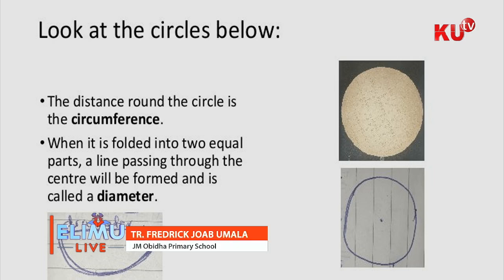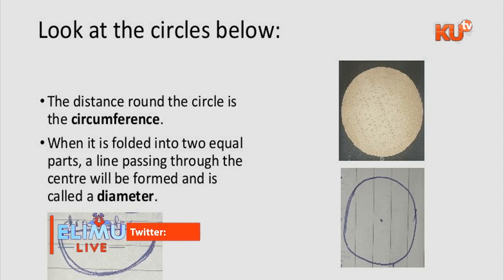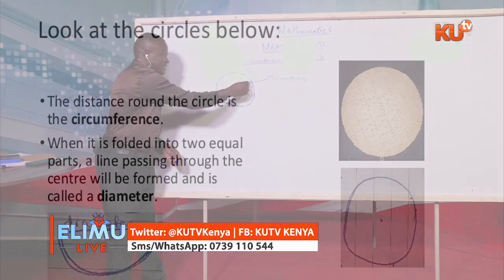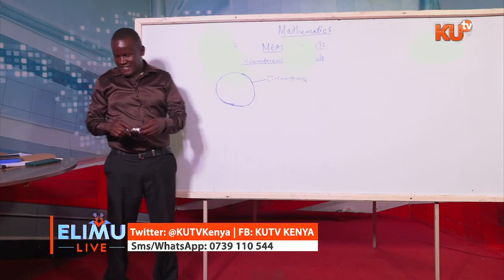So this is the circle, and the circumference will be this distance around the circular part. That will be our circumference.